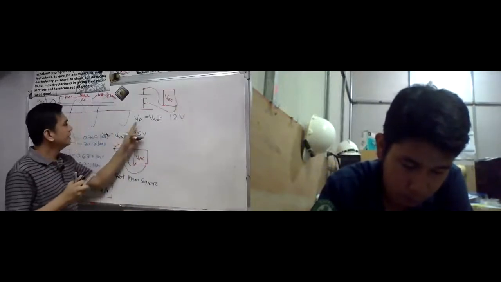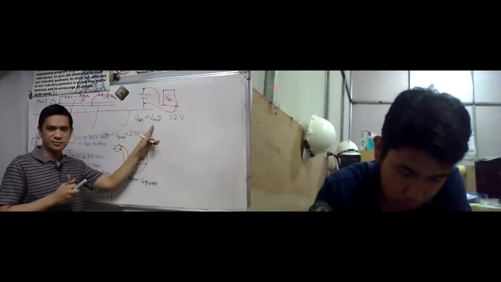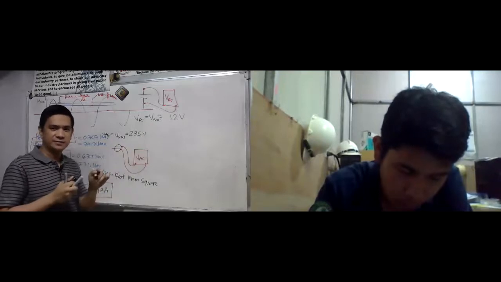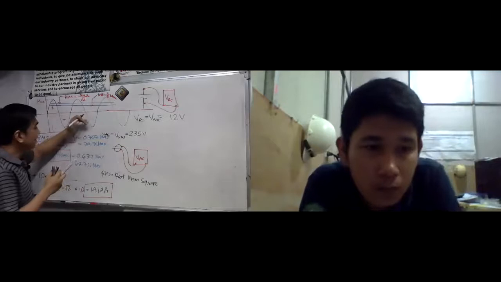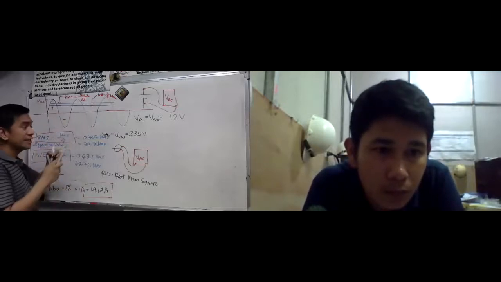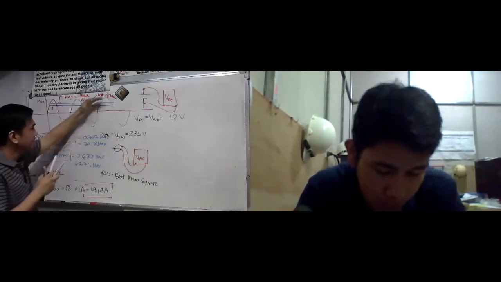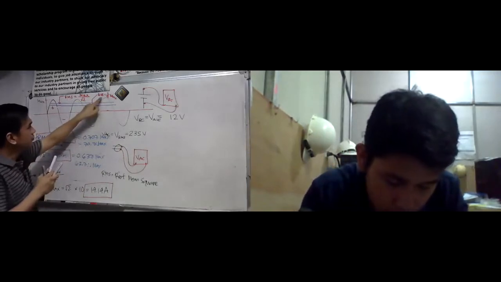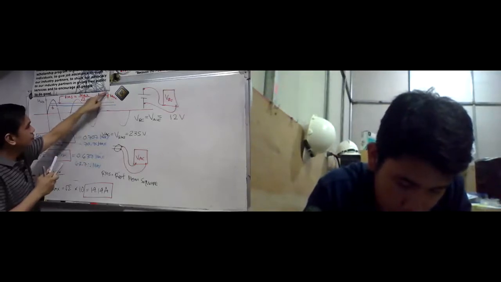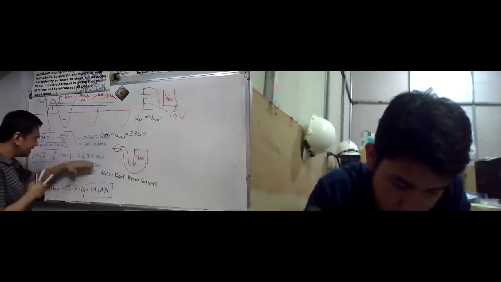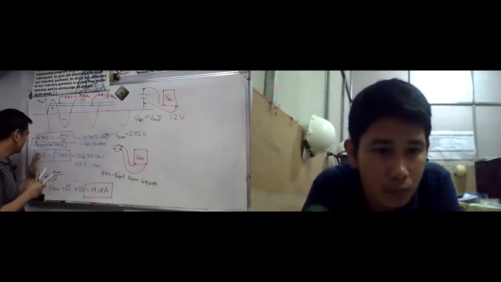If we mean DC value, that is the average value. If you want to calculate the average or DC value of this AC sinusoidal waveform, you just multiply the maximum value by 2 over pi, or 0.637. There you get the DC value.